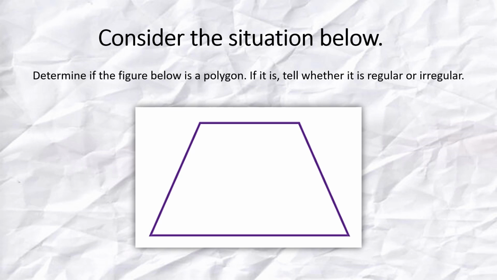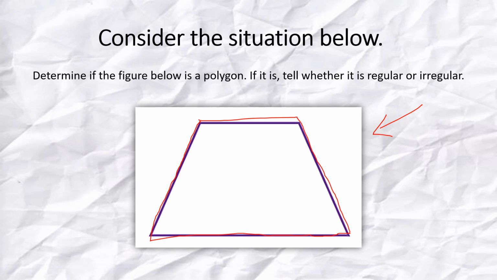Determine if this figure below is a polygon. If it is, tell whether it is regular or irregular. The figure shown here is a closed figure whose line segments act as its sides. These are all line segments. Therefore, we can consider that it is a polygon.